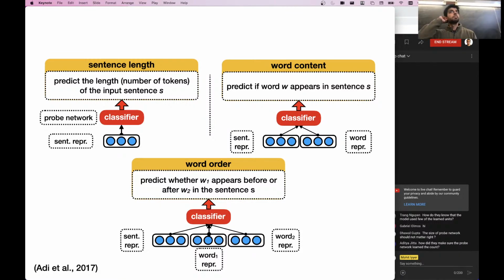So, let's suppose sentence length is not very important for a downstream task. Instead of fine-tuning on sentence length, we can also fine-tune on the entire downstream task, because fine-tuning on sentence length might throw off the balance with other objectives which are important for our downstream task. It's true.